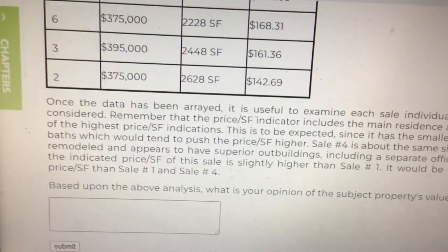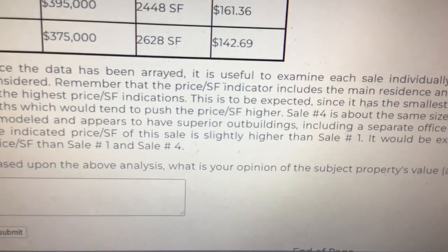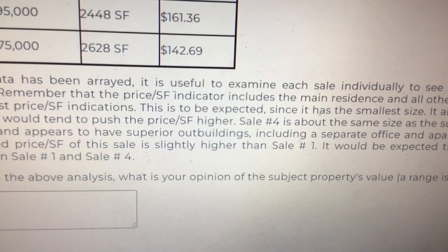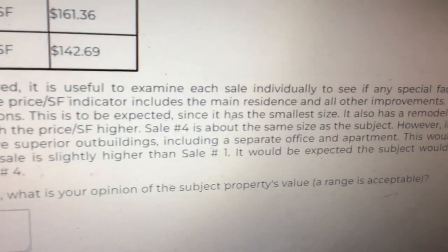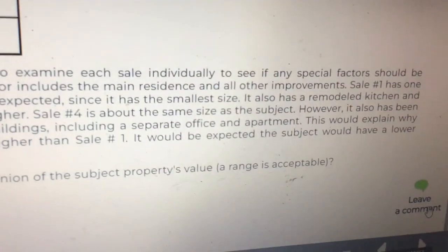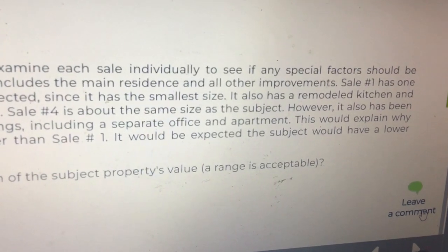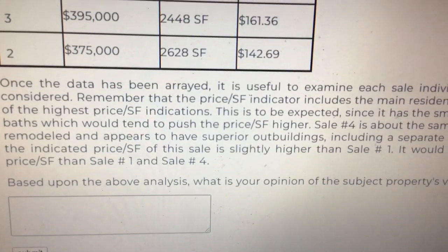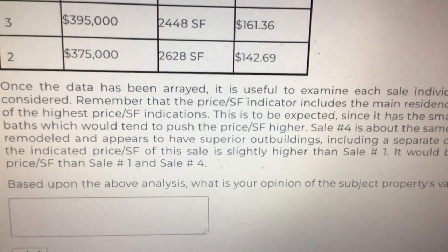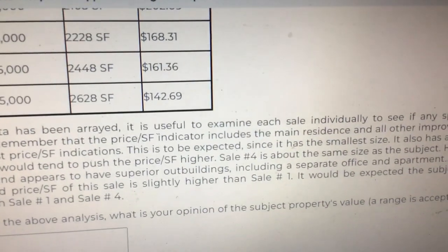Sale number 1 has one of the highest price per square foot indications. This has to be expected since it has the smallest size. It also has a remodeled kitchen and baths, which would tend to push the price per square foot higher.